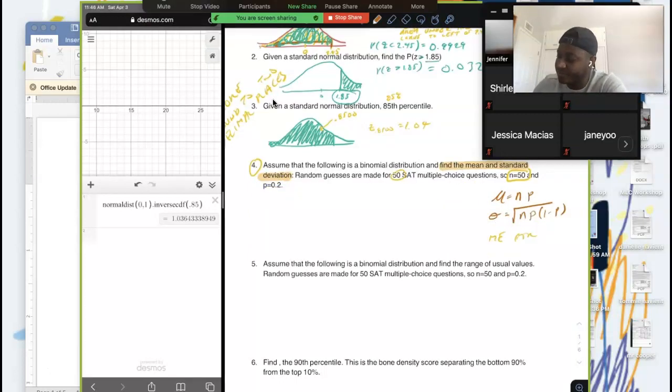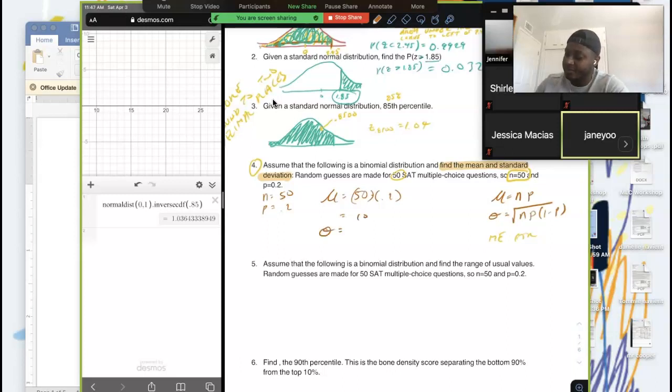All right, first we want to list out all our information. We have n equal to 50, p equal to 0.2. For our mean, we're going to take 50 times 0.2. And what does that give me? That'll give me 10.